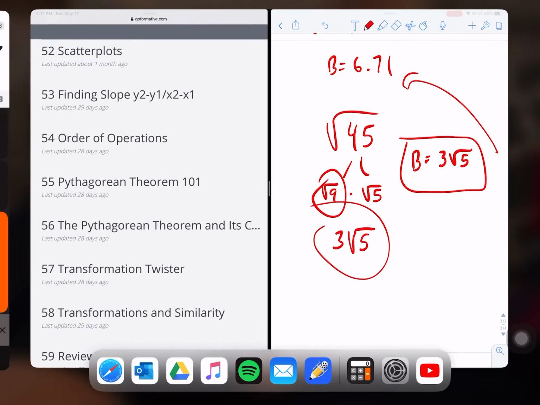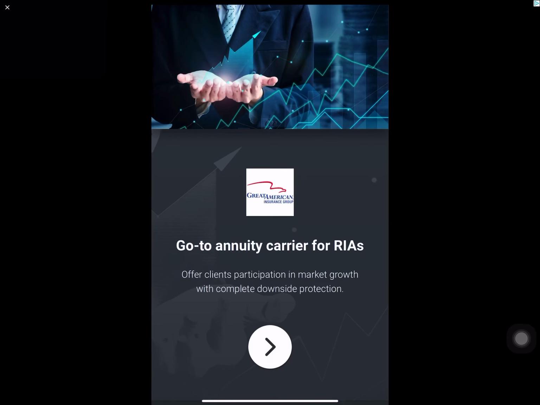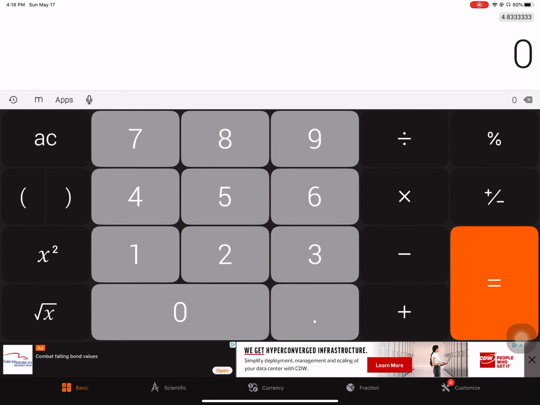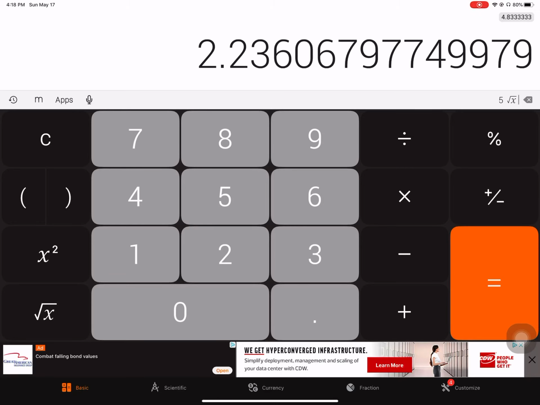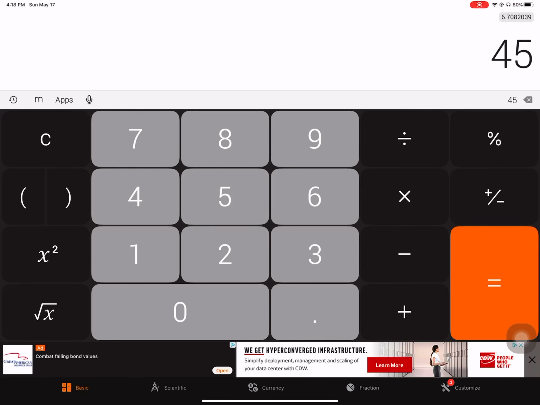Now, if I go back to that calculator, right, radical 5, and if I take radical 5, boom, and then times it by 3, does that look familiar? 6.71. It's the same. See, let's see it again. Watch. 45.